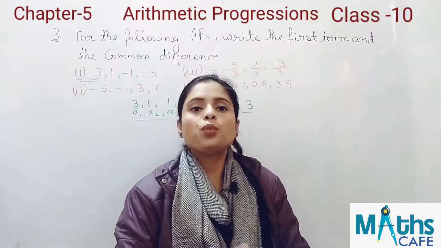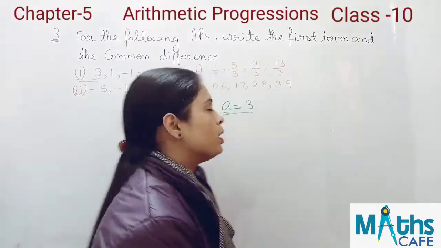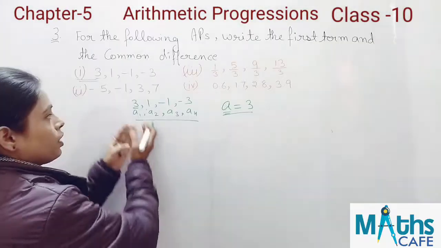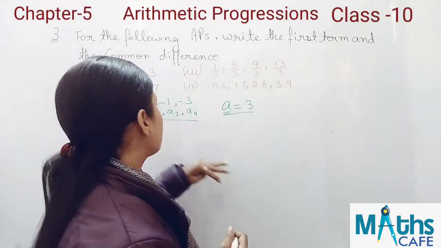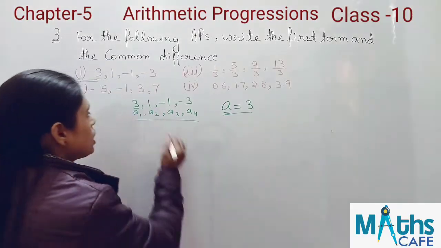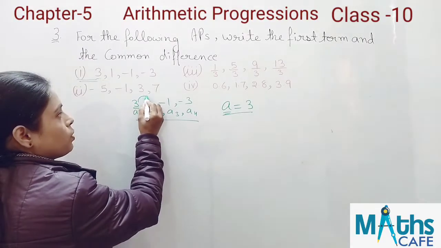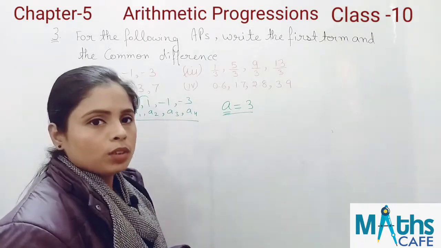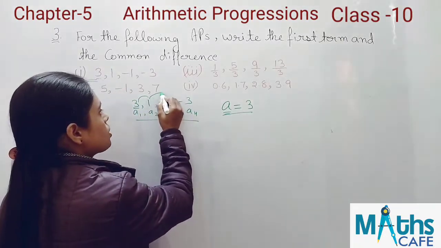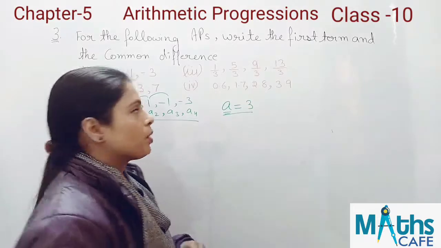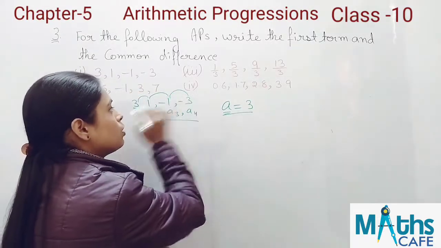To find the common difference, it will be the difference of these terms. How can we find the difference? The first term is subtracted from the second term, the second term from the third term, and the third from the fourth term.